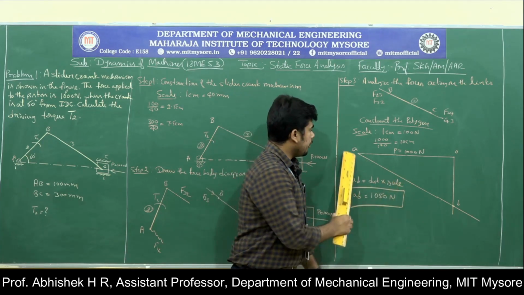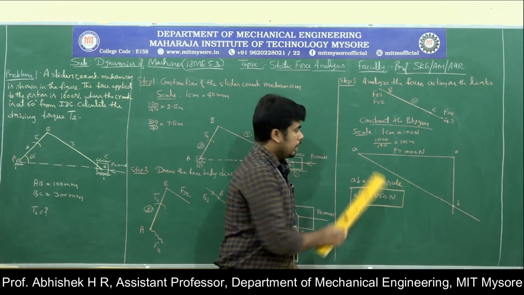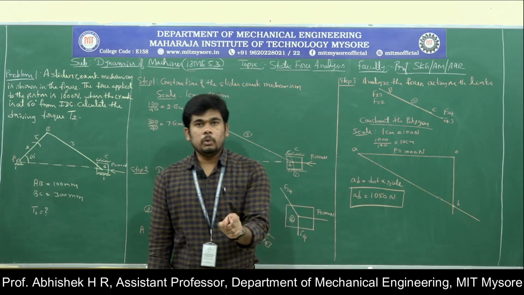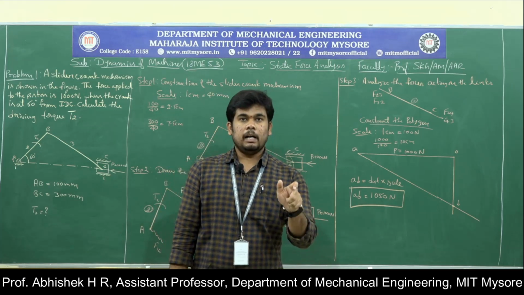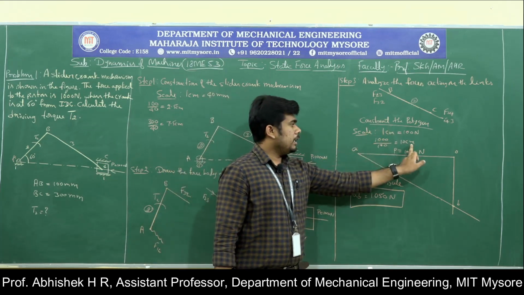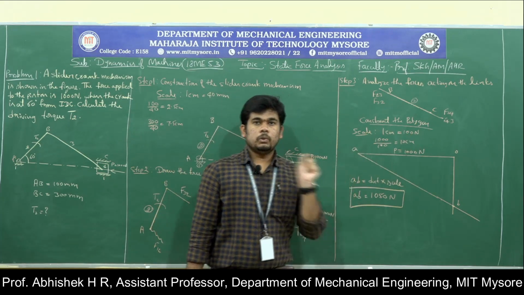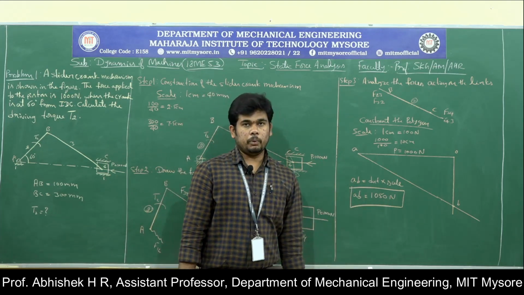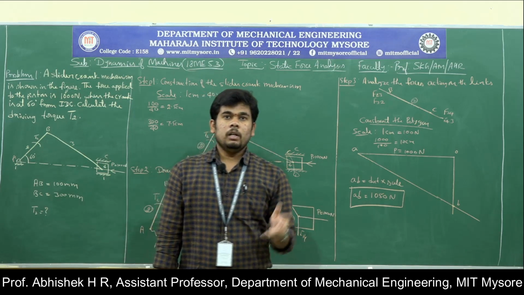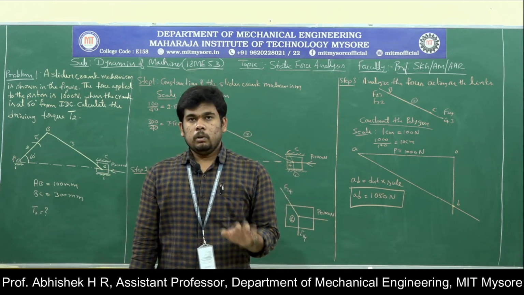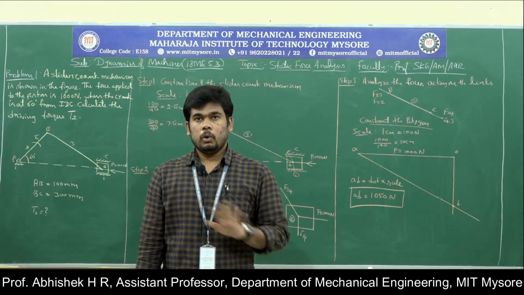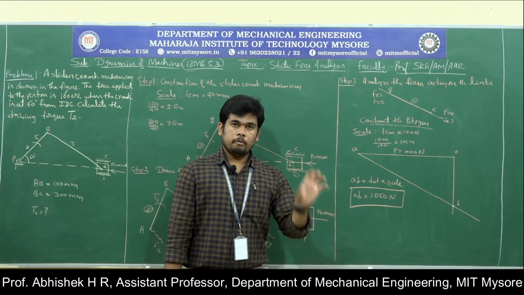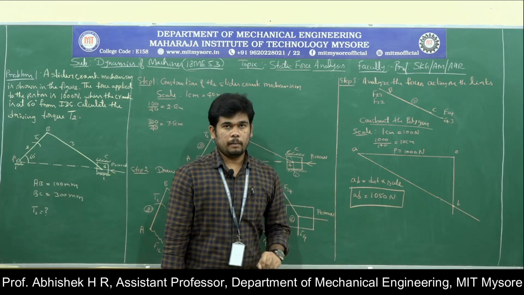Measure the distance from A and B, and that measured value has to be multiplied with the taken scale, 100 Newton. So you will get the answer AB is equal to 1050 Newton. Sometimes we will get 1049 also. It is not wrong, it is also correct. Don't worry about that. You will get 1049 or 1050 only.